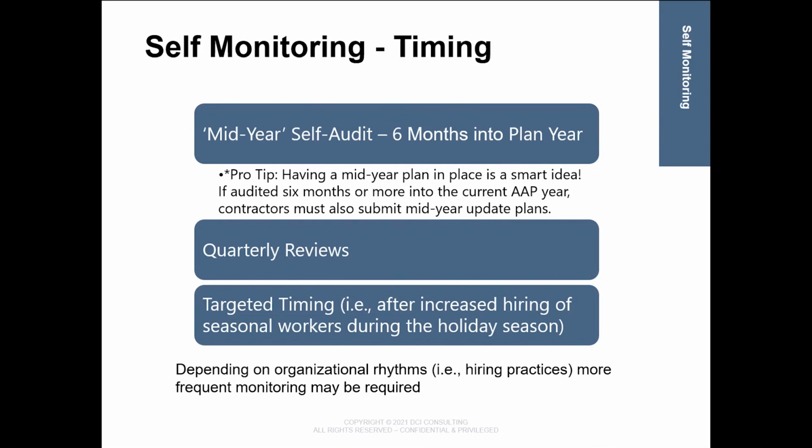By engaging in mid year self audits proactively, your organization will be prepared if and when an audit is scheduled. Your organization can also consider quarterly reviews or reviewing with a more targeted timeline. For example, after increased hiring of seasonal workers during the holiday season.